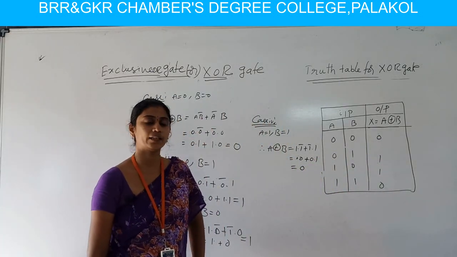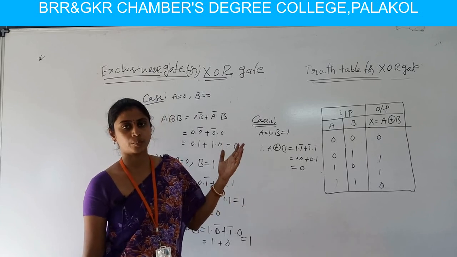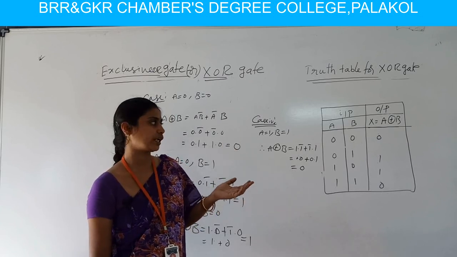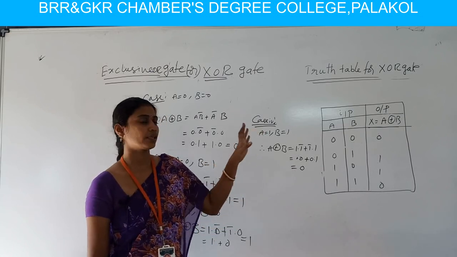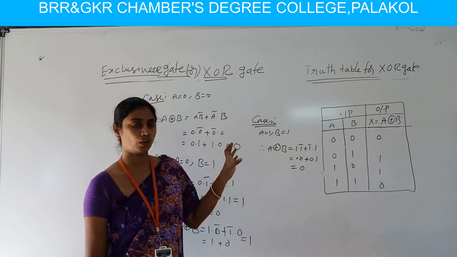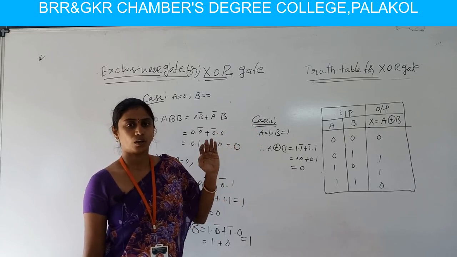In the exclusive OR gate, in the 4 cases, when A and B, both variables, are in low logic state, the output is in low logic level.